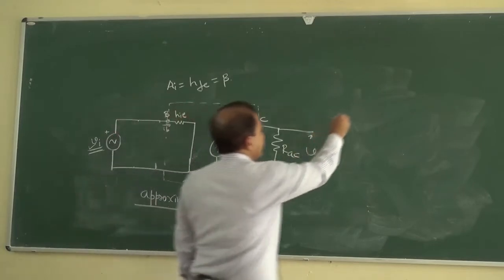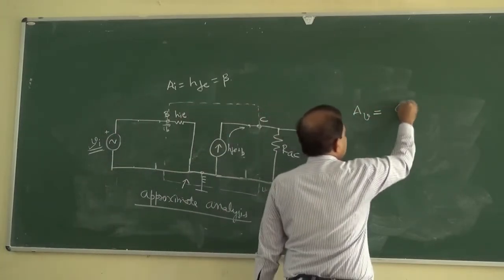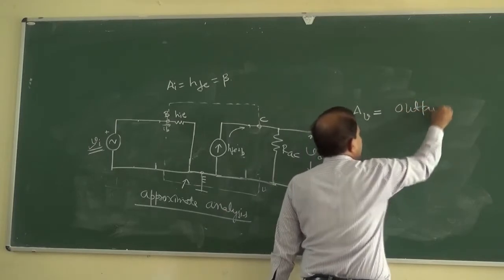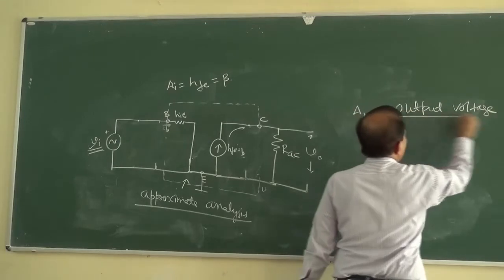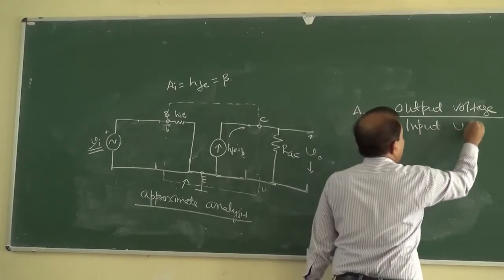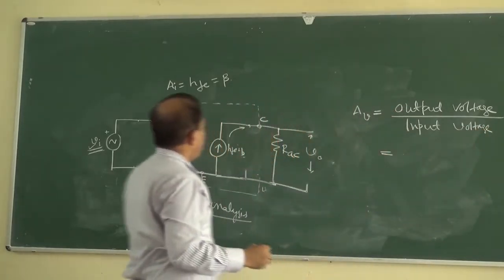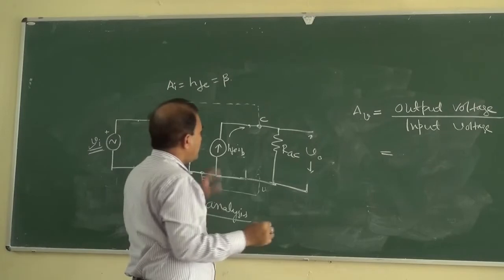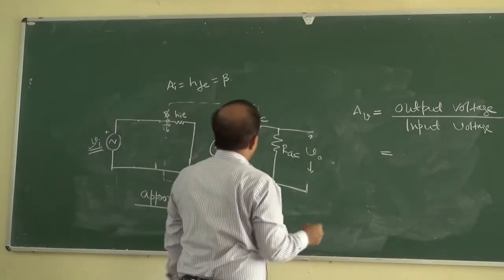Then voltage gain. Voltage gain is output voltage divided by input voltage. So output voltage is output current multiplied with RAC.